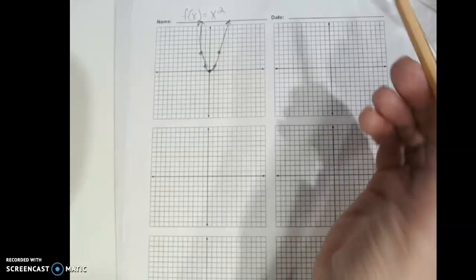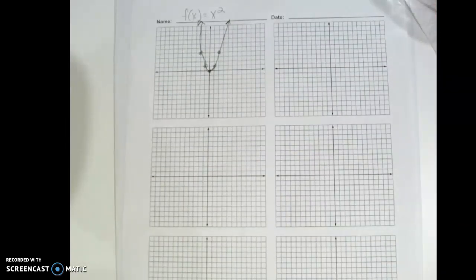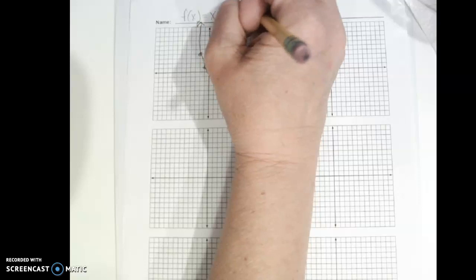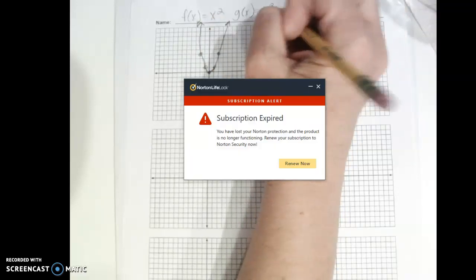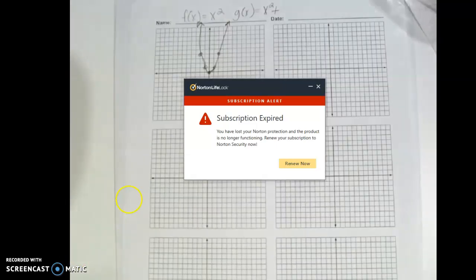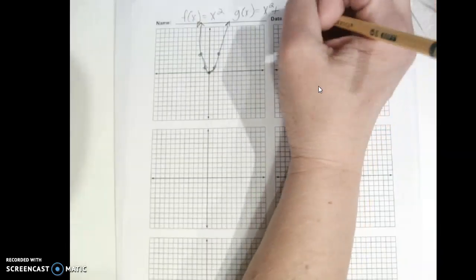What we're going to start looking at now is moving the graph, just like we've done before with absolute value and with lines. So if I have a function, we'll call it g of x, and this time I am adding a number onto x squared, let's say plus 2.